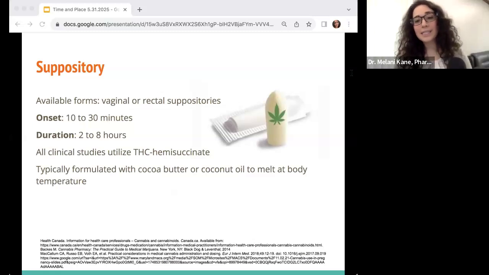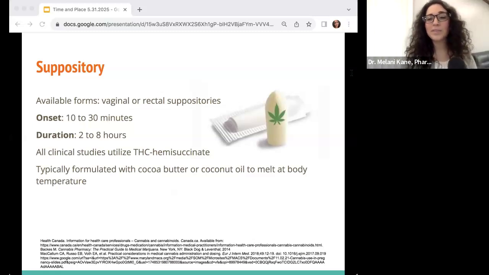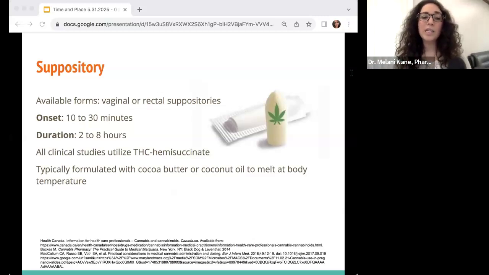It's specifically designed to overcome the poor bioavailability of THC, especially through rectal routes. So I don't think we can compare apples to apples when you see these studies on suppositories using this hemisuccinate prodrug to the suppositories that are just pure THC. So we will assume there's a reduced bioavailability for those forms. So just because of that, I just assume these will be local effects.